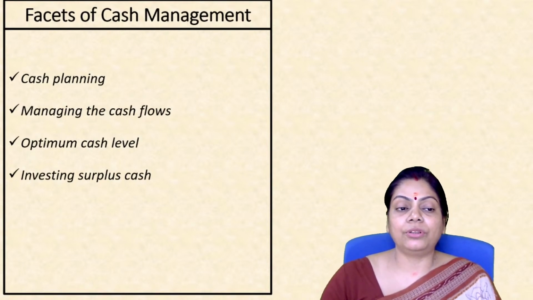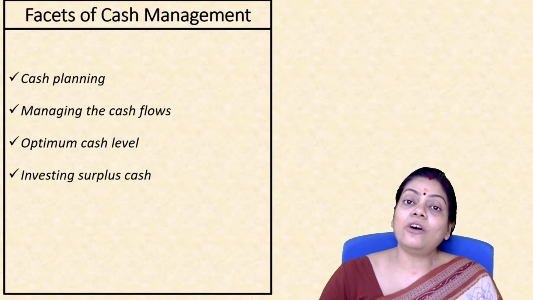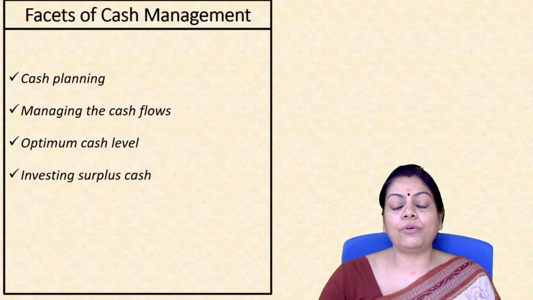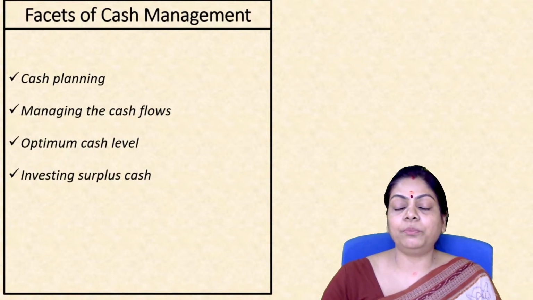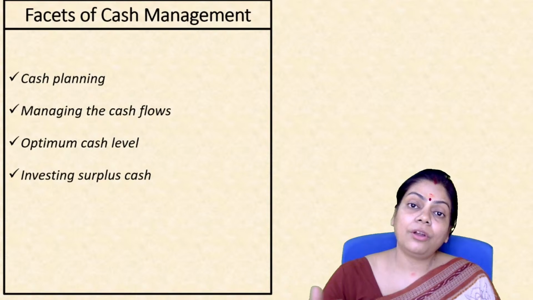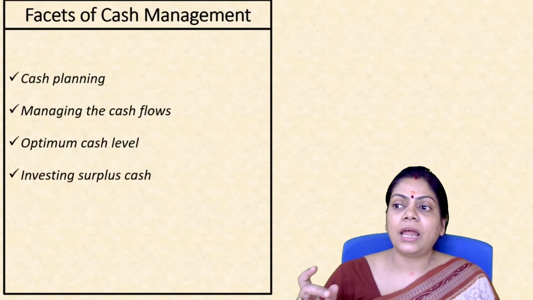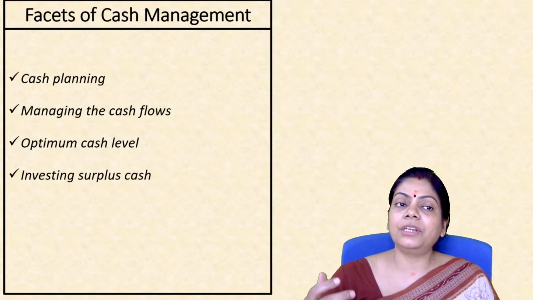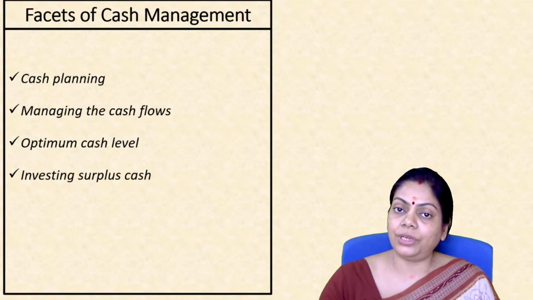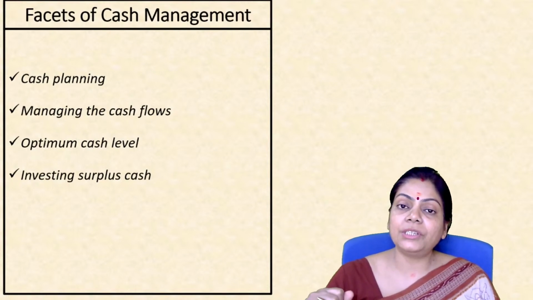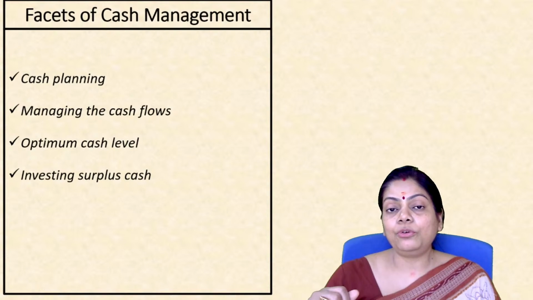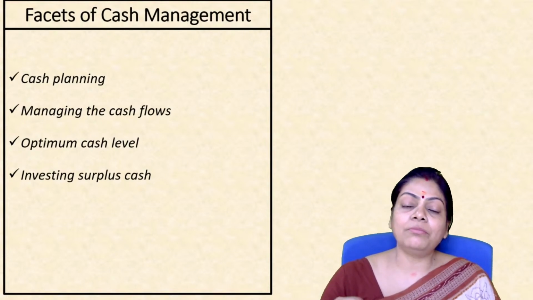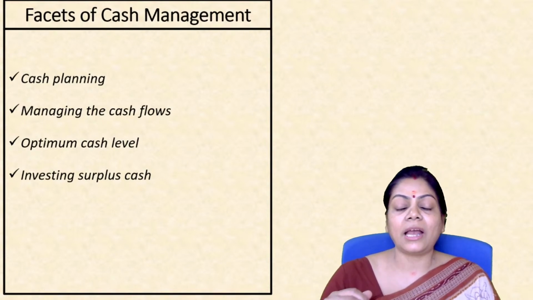And when we talk about the third aspect, that is how much cash. Just now we said that we have to strike a balance between not too much cash and not too little cash. So I need to have an optimum level of cash, and this optimum level differs from one company to the other, and it is subjective to the environment in which the company is operating. So I need to be very sure about how much is the right amount of cash I should be having.